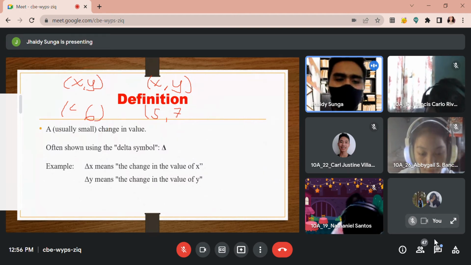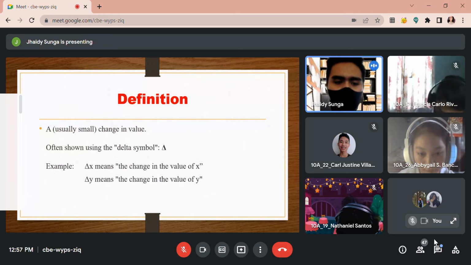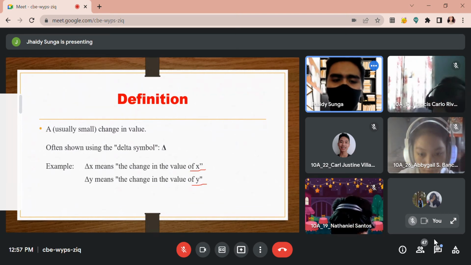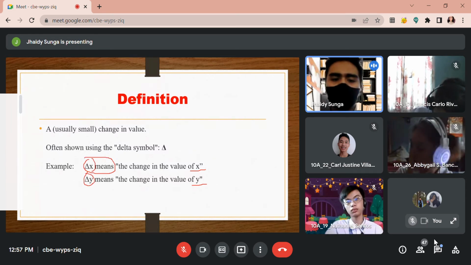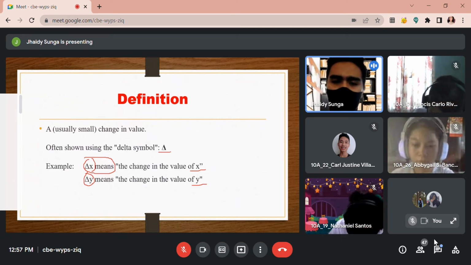So it is stated that from this x and y, we tend to have this symbol. All right, this symbol is called delta.